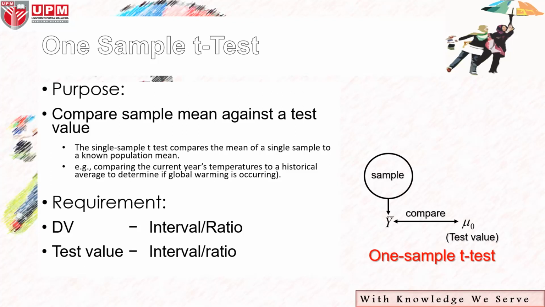In terms of the requirements, the DV must be interval or ratio. And the test value, the value that we want to compare, also must be either interval or ratio.